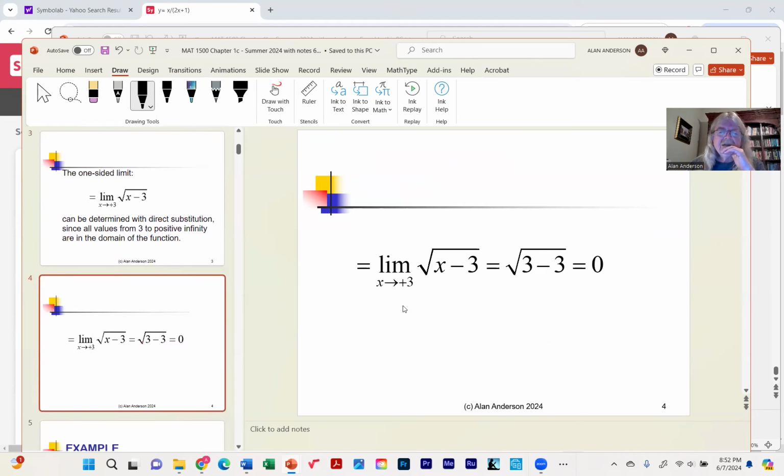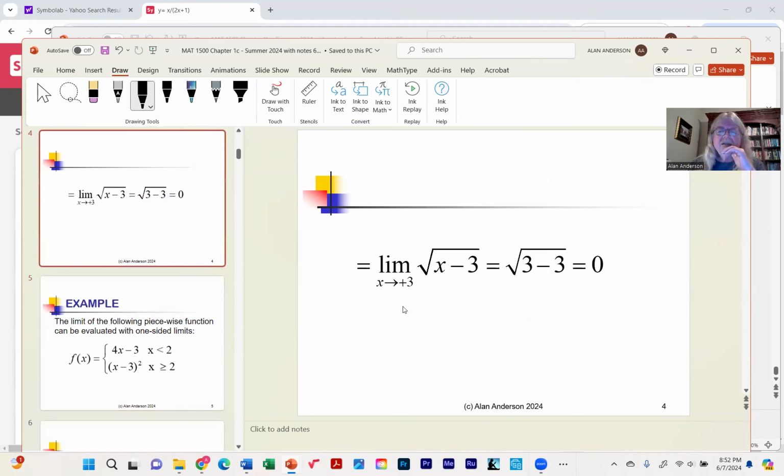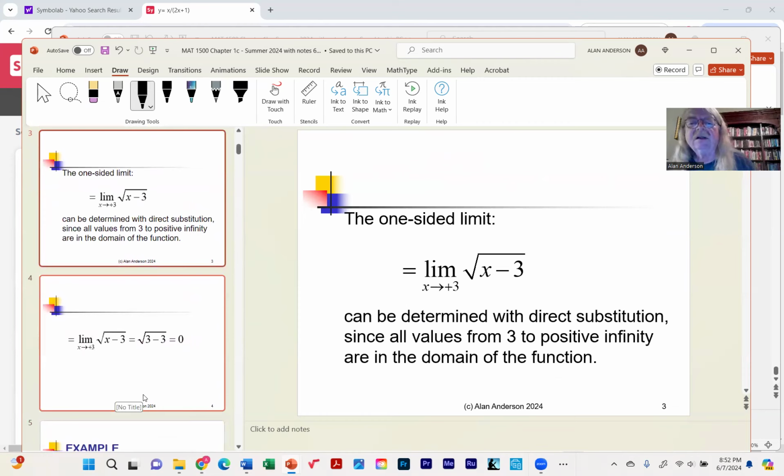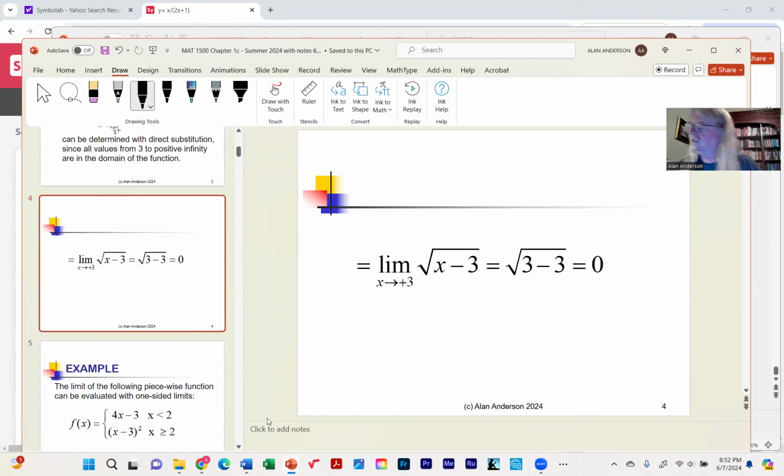Now, I see there's a typo here. This should have said 3 plus, and so should this one.